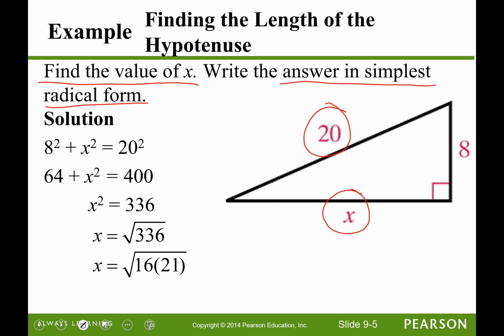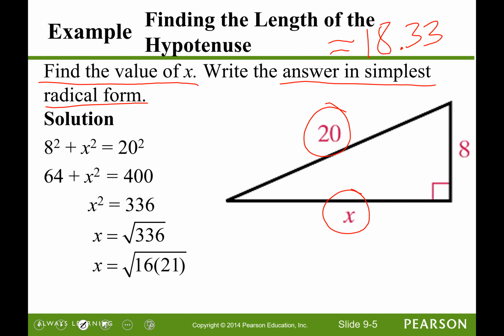So because it says that in the directions, we don't want to give an answer of approximately 18.33. Now, if the directions had said, give your answer approximate to the nearest hundredth, then you could go with 18.33. But since they say to write our answer in simplest radical form, we can't go into that decimal form.